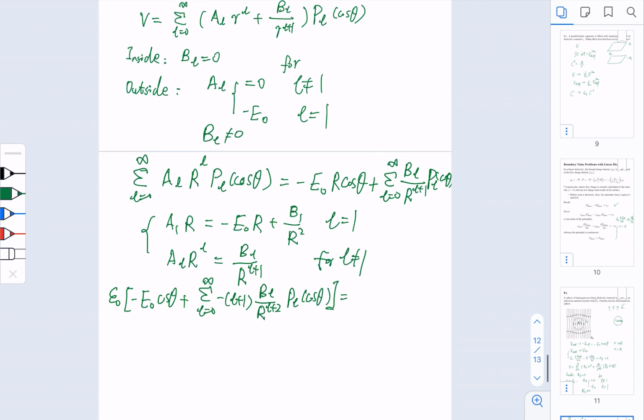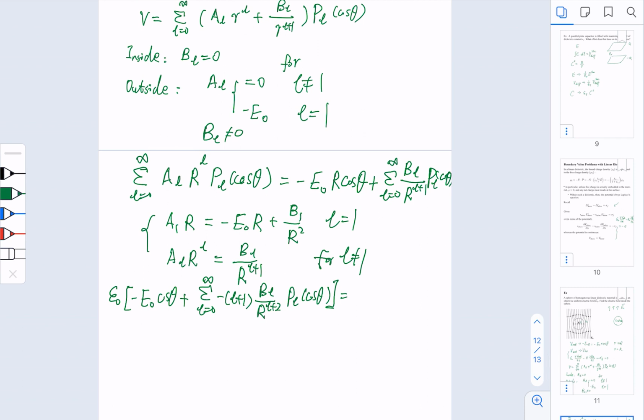It must equal the derivative inside, and also remember the prefactor, that the permittivity is slightly different outside and inside.